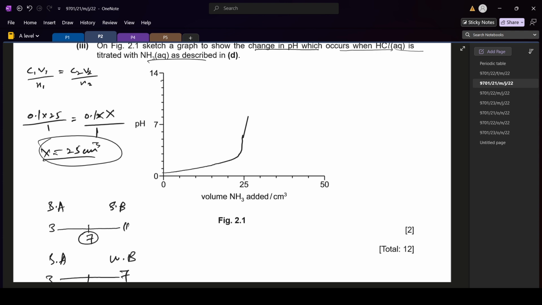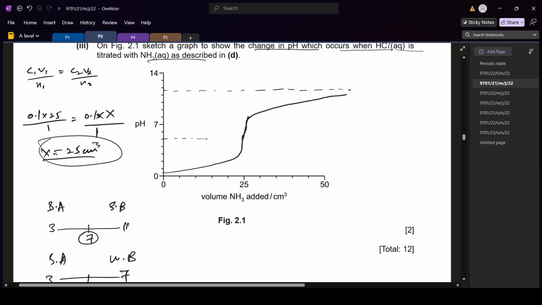Okay, so 13, 12, and I'm just putting a line over there so that my graph does not exceed 12, because ammonia is a weak base, so it will have a lower pH. Okay, so here you can see that at 5 you have the equivalence point. This is your equivalence point.